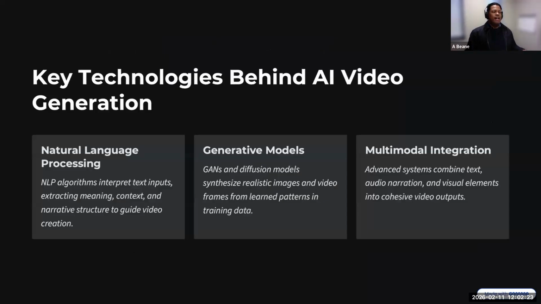The key technologies behind AI video generation begin with natural language processing, basically making the algorithm work for us by being descriptive. That goes into prompting, which is a future presentation.